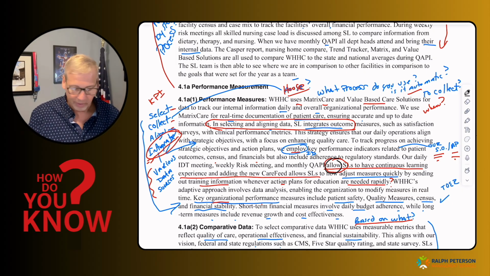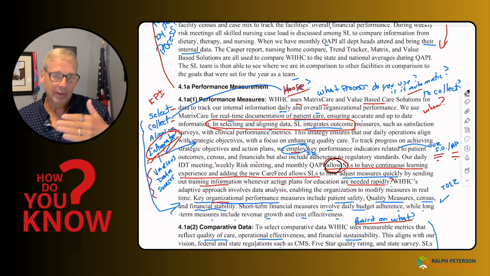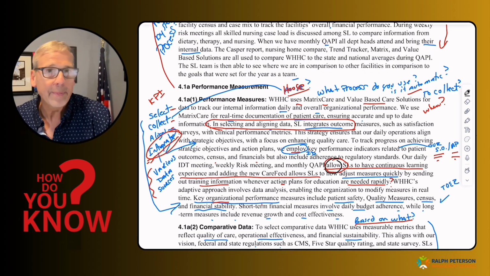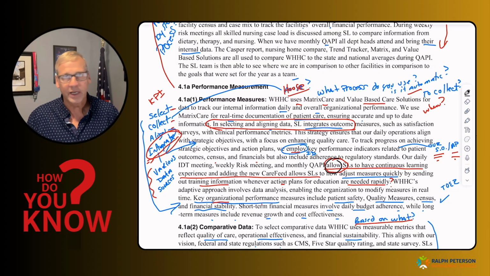our senior leaders have a daily IDT meeting, a weekly risk meeting, a monthly QAPI meeting, and that is where we evaluate our KPIs or the performance measures that we're using to track daily and overall.